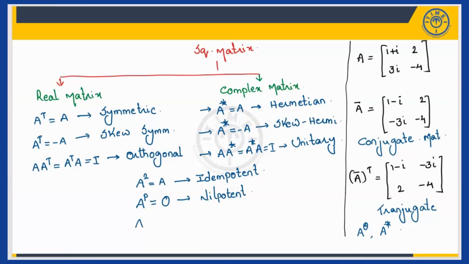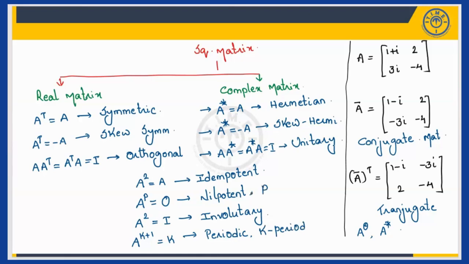And if A to the power 2 is equal to I, then we say A is an involutory matrix. And if A to the power k plus 1 is equal to A, then we say A is a periodic matrix. And here k, we'll be calling it the period. And in the nilpotent matrix, P, we'll be calling it the index.